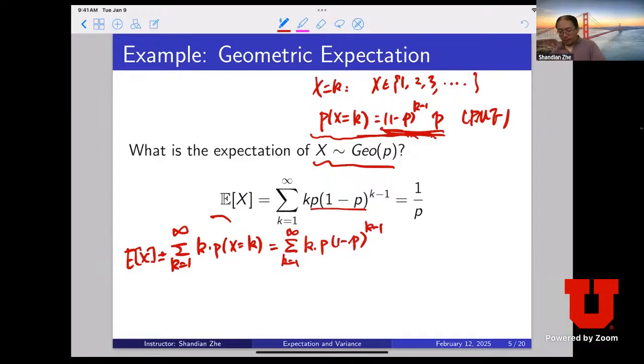Unfortunately, this calculation is not straightforward. First, it's not a geometric sequence, so you can't leverage the formula where the ratio of successive terms doesn't change. The ratio is actually changing, because there's a K as a factor in each term.